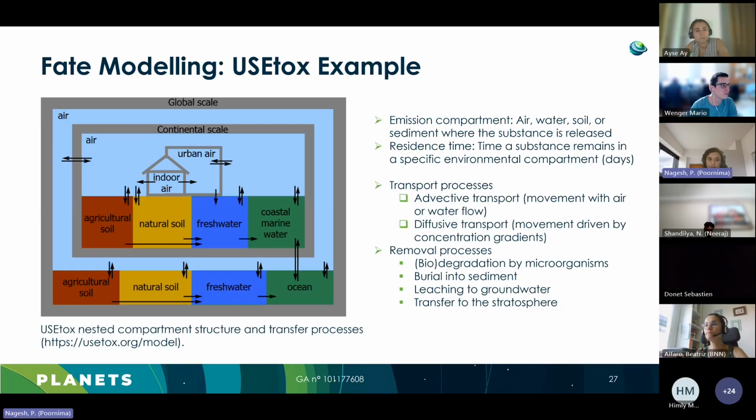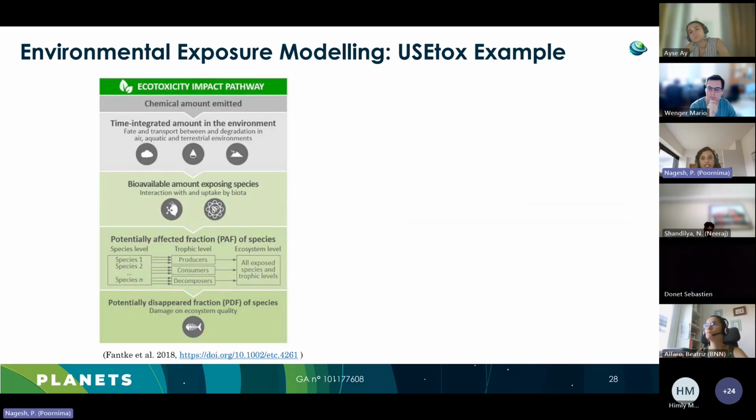So this is the conceptual part of the fate modeling, how in the model we get from actual emissions to concentrations. Like I said, there is the environmental fate part, and the next is to look at the exposure and the effect. The first example that I will speak about is the environmental exposure modeling.